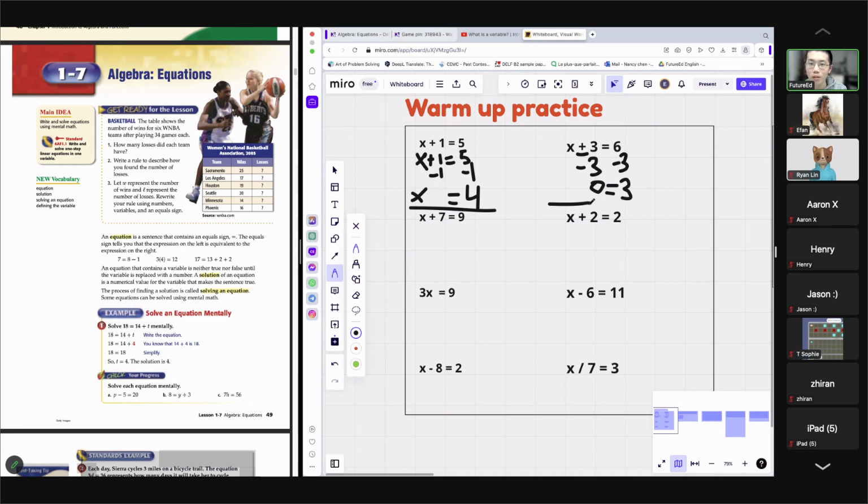Does 0 equal 3? No. So what happened here? Did we do something wrong? We forgot the x. We need x equals 3, not 0 equals 3. Exactly, it's not 0 equals 3, it's x equals 3.